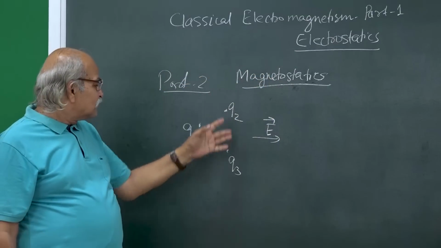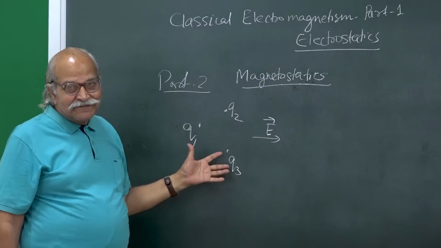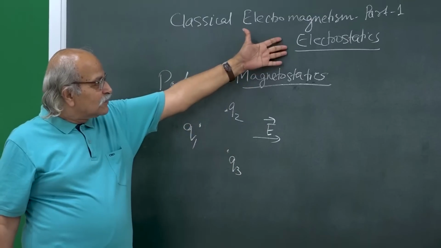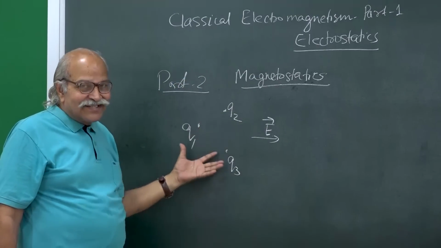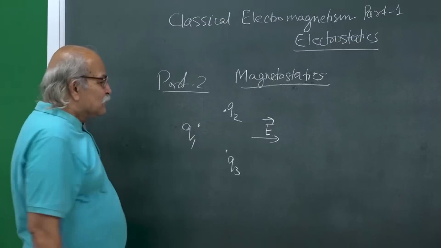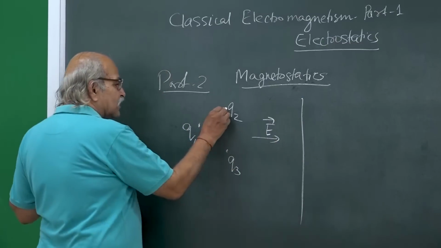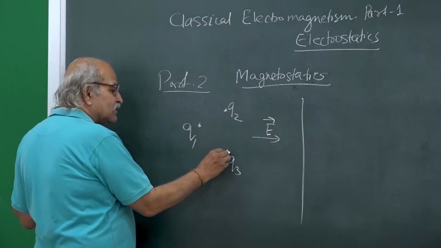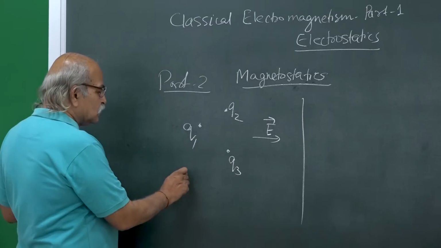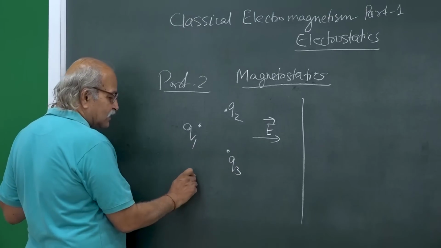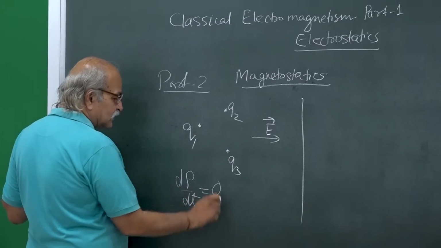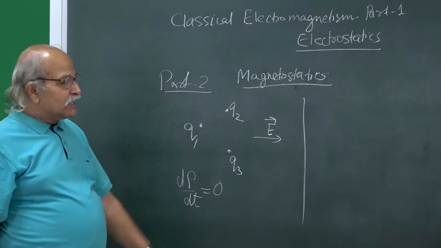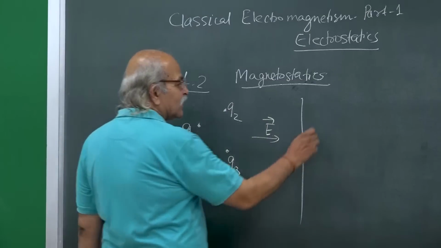Although there are small velocities, it does not matter much, and we do apply the laws of electrostatics for slowly moving charges also, okay. But these charges should not change with time. So, if you talk in terms of the charge density, then d rho dt should be 0 for electrostatics.